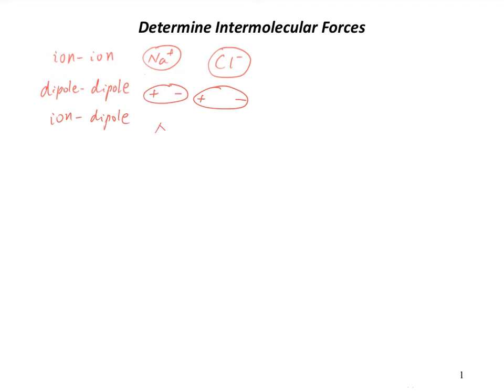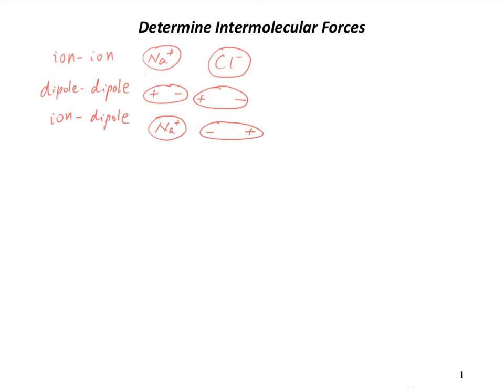For example, an ion, either cation or anion, can interact with the dipole moment from a polar molecule. For example, here we have a negative on this side, which is attracted to these positive charges.